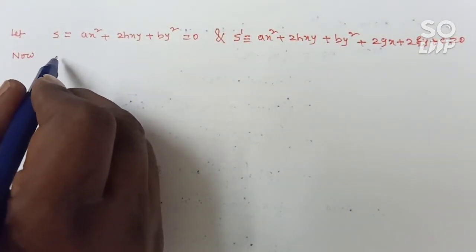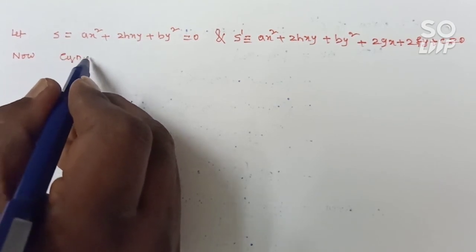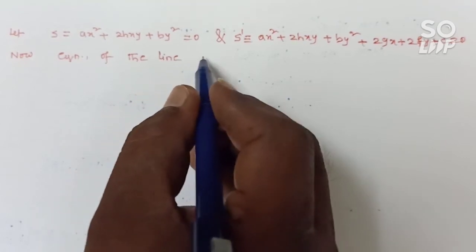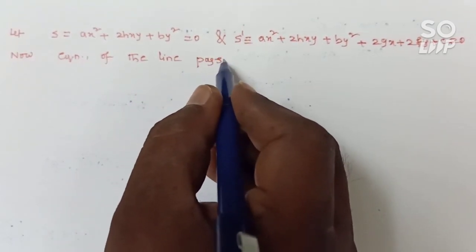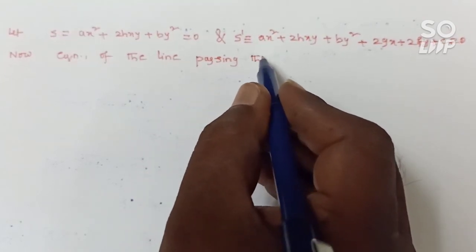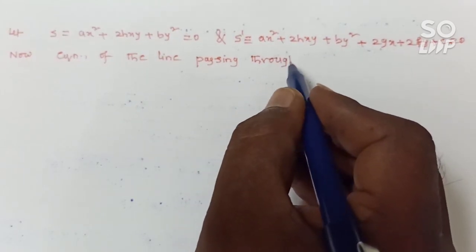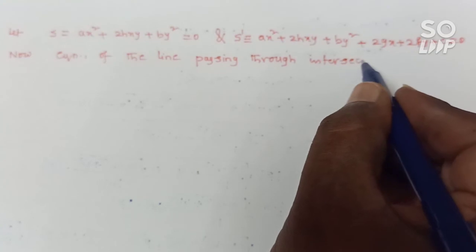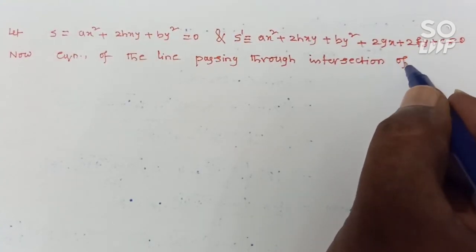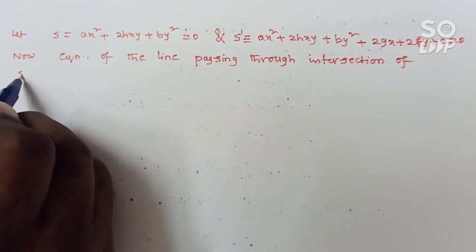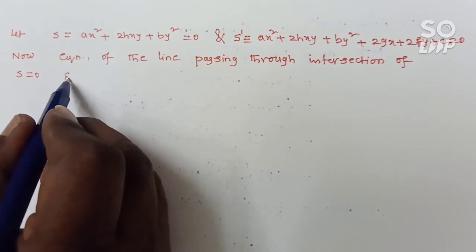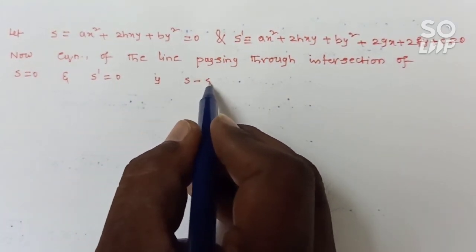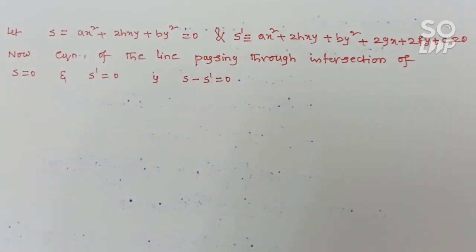Say now, equation of the line passing through intersection of S equals 0 and S dash equals 0 is S minus S dash equals 0. This is a very important point.